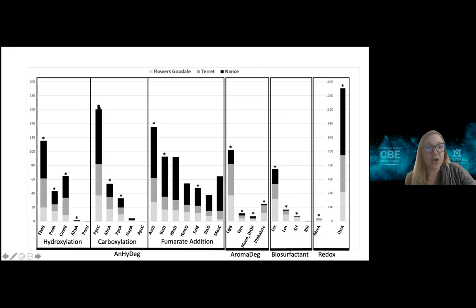If there's a star above it, it indicates that those genes were also found in the translationally active fraction. So we knew to focus in on the genes in the translationally active fraction as being relevant for hydrocarbon degradation under the conditions that we sampled. The genes that really stood out, because not much is known about them in the literature and they had high abundances, were these biosurfactant genes.